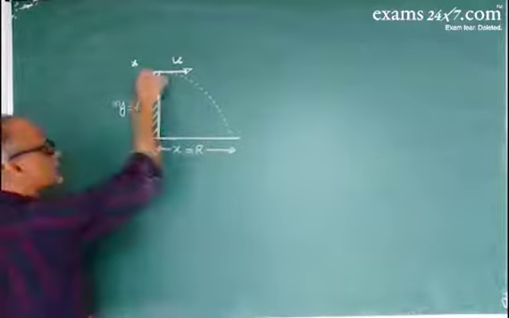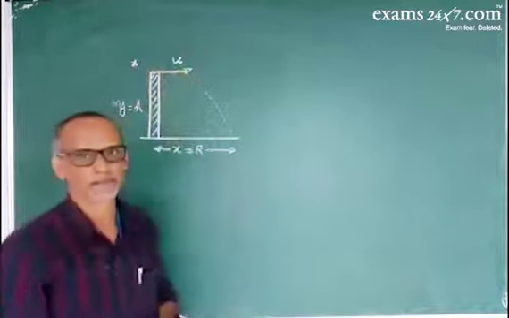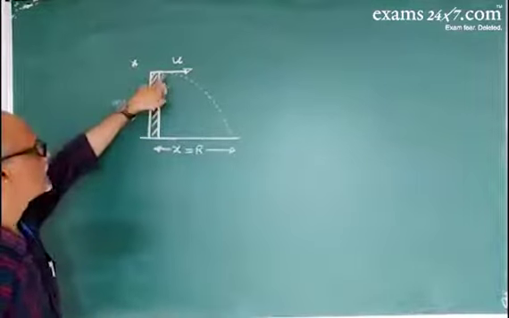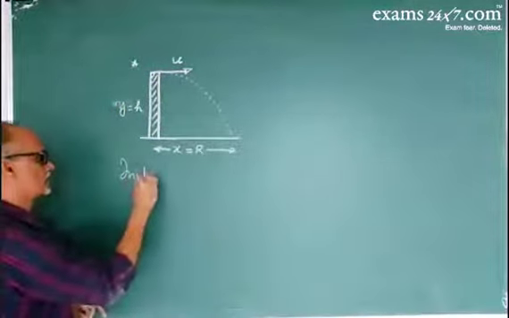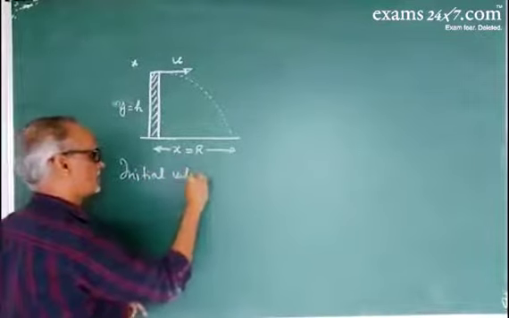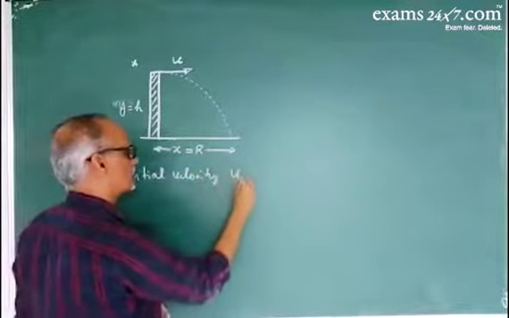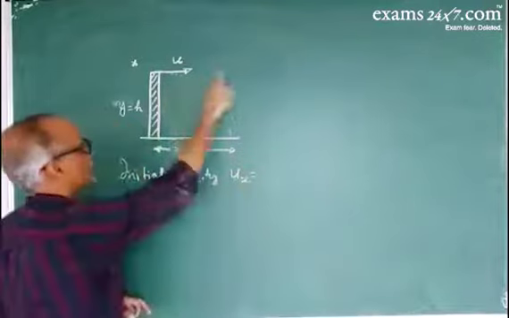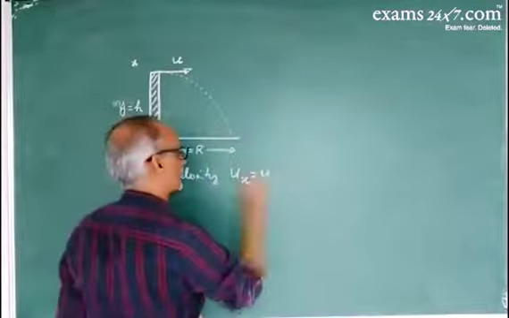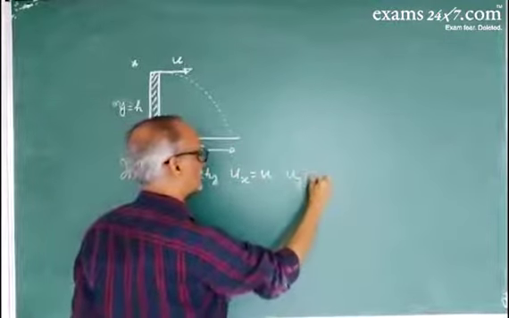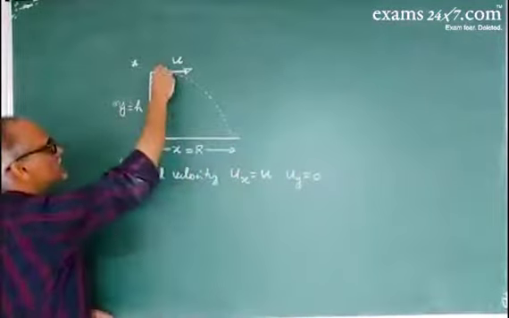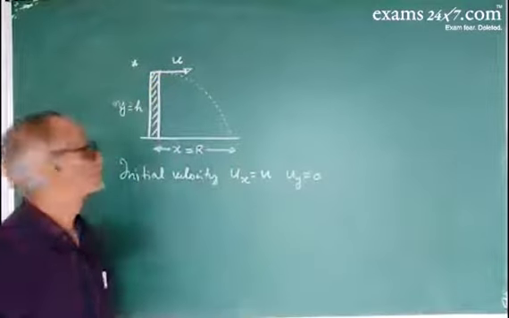And since the projectile is projected horizontally, the initial velocity along the horizontal, ux, is u. And the initial velocity along the vertical is 0, so uy is 0.